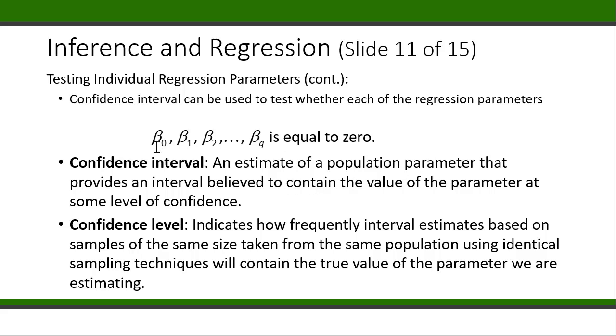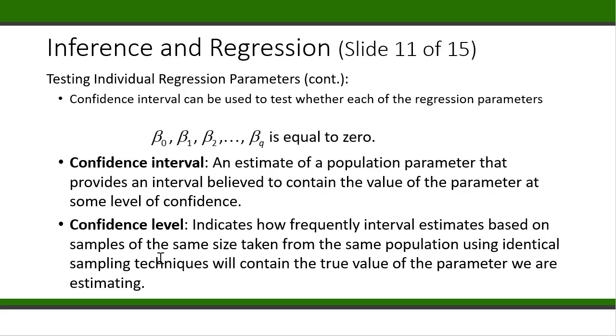Remember, these are betas, not b's, that provide an interval that contains the value of the parameter at some level of confidence. The confidence level indicates how frequently that interval estimate, based on samples of the same size taken from the same population using the same sampling technique, will have the true value of the parameter we're estimating in it.